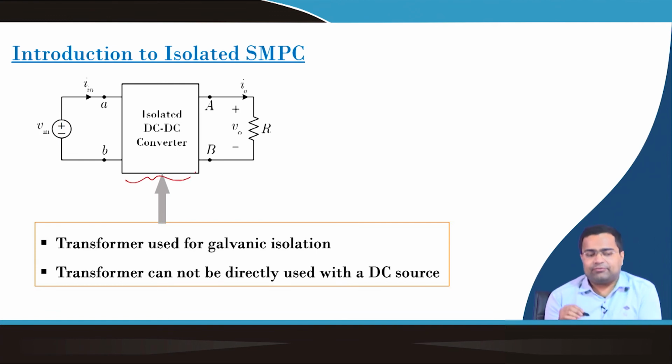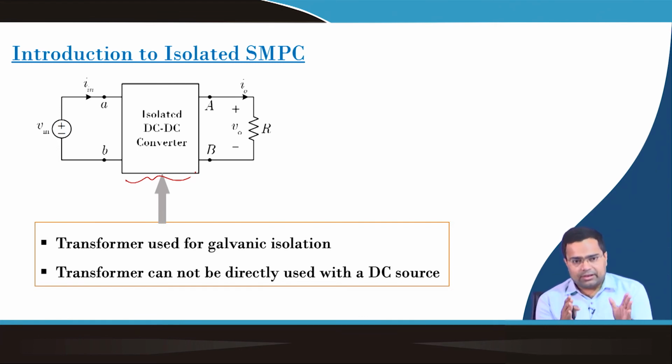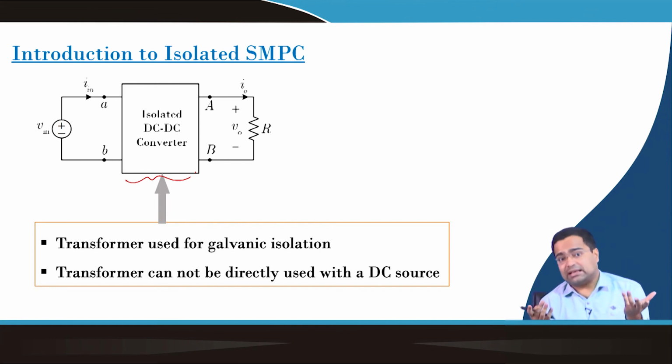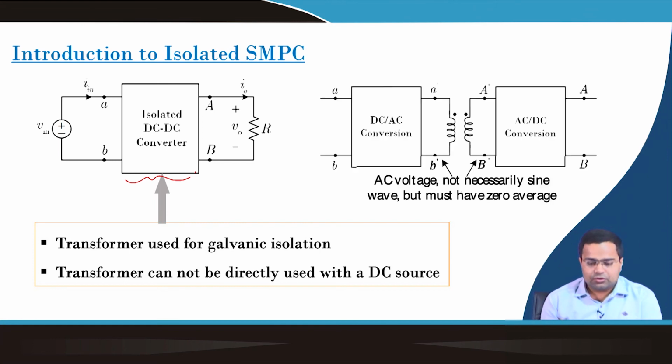we are using a transformer for galvanic isolation, but a transformer cannot be used directly with a DC source. If we use a DC source on either side, the transformer core can get saturated. So, we need a conversion from DC to AC and AC to DC.